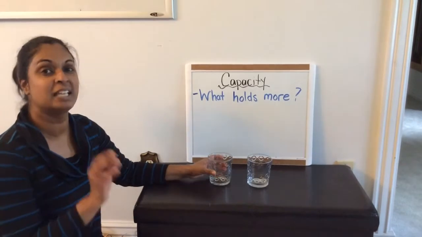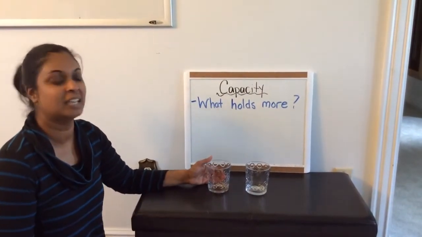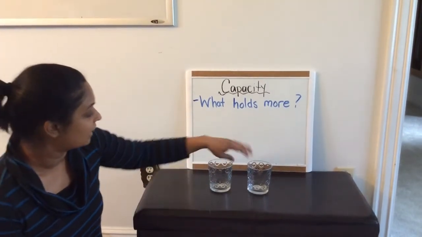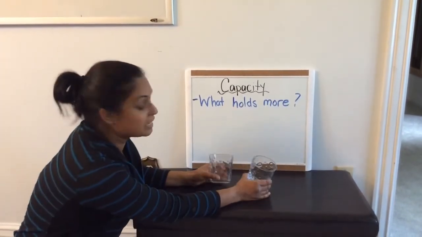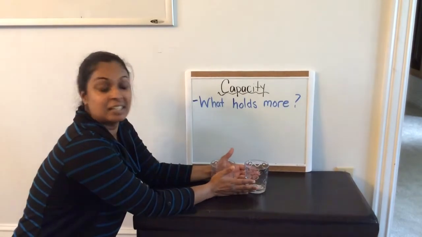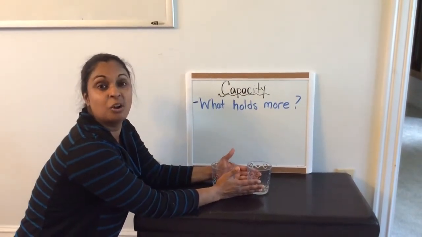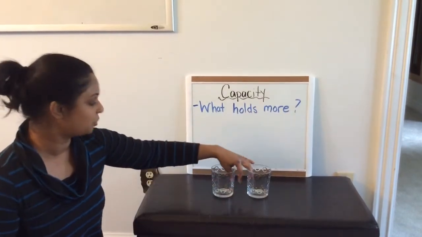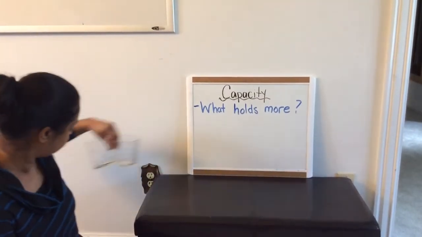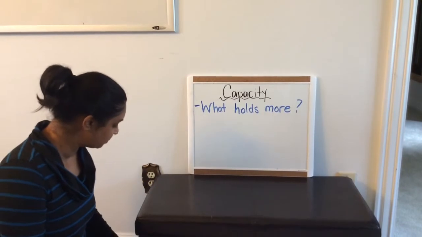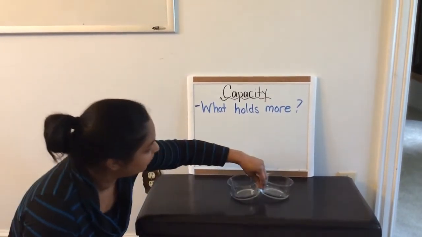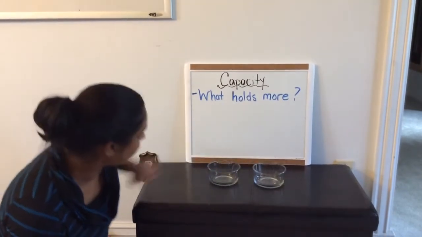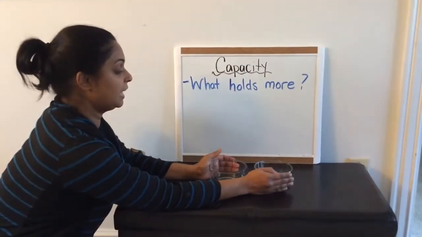You might see that option when you're comparing containers, that they hold the same amount, and that's because the two glasses are the same. But that doesn't always have to be the case. They can still hold the same amount and look different sometimes. So there is a way that you can tell which one holds more. In your book, they're going to show you using two containers that are the same.